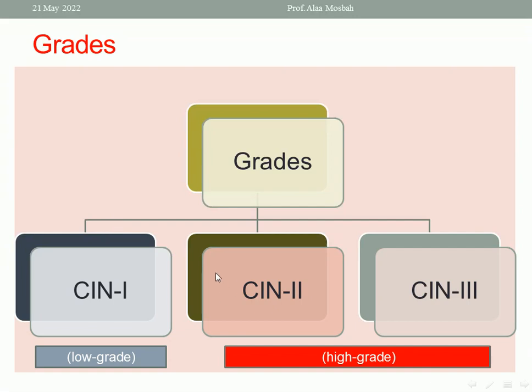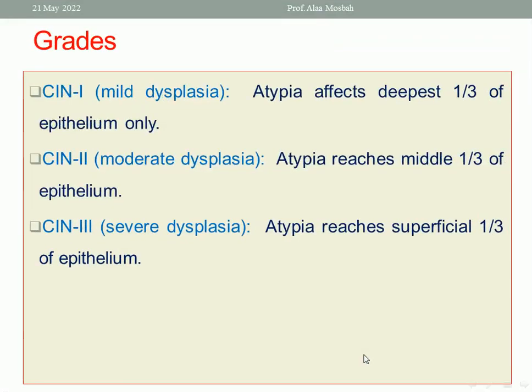These are the grades of CIN. CIN1 is low grade, CIN2 and 3 are high grade. And this is, as mentioned before, CIN1, 2, and 3, and the part of the epithelium affected.